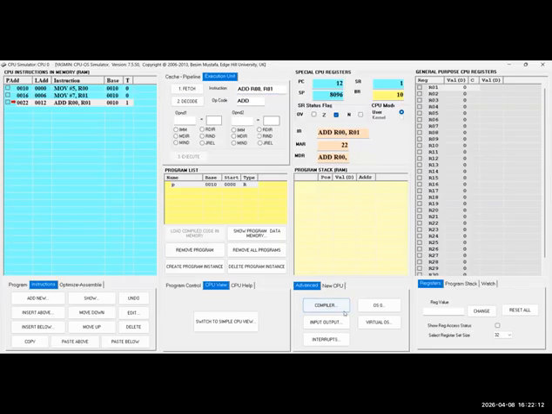The stages of instruction execution: the first is the instruction fetching stage, which fetches the instruction from the instruction memory. Then it goes to the second stage, the decoding stage, where the instruction is decoded.